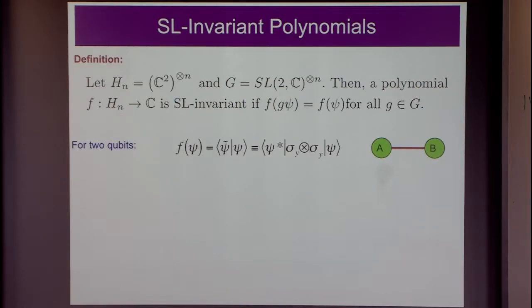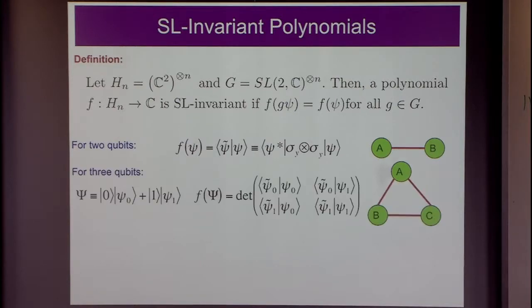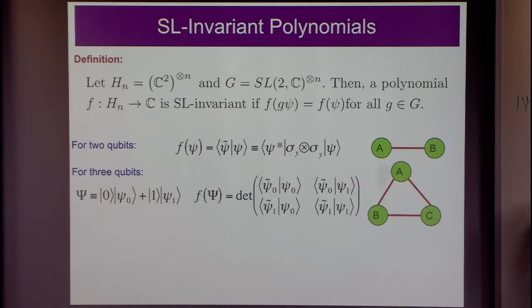Now, this is for the physicists, so I'll skip it, but there are examples of how we define SL invariant. Basically, this sigma y, maybe I should write it. Define the antisymmetric matrix J, the analog of sigma y: 0, 1, minus 1, 0.